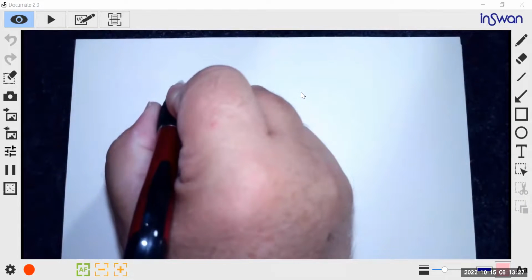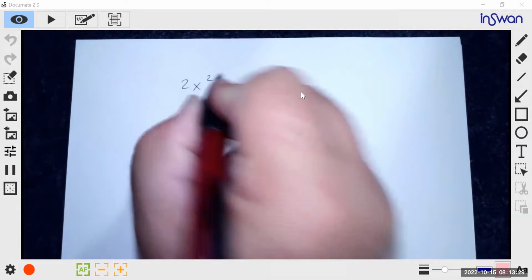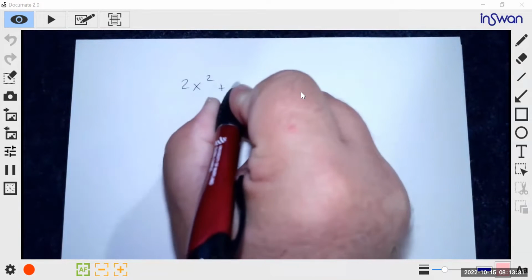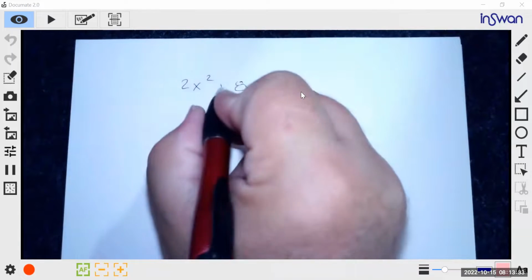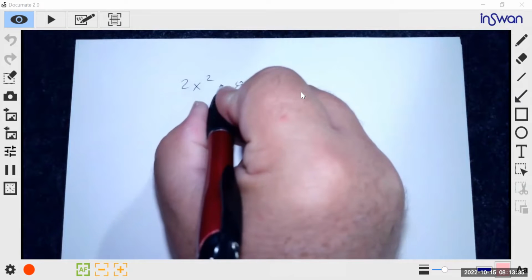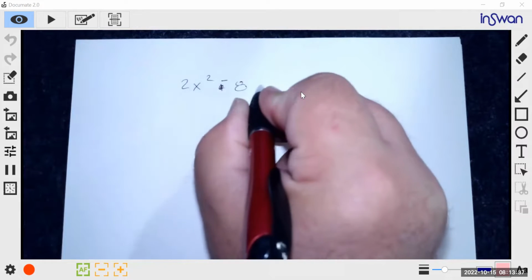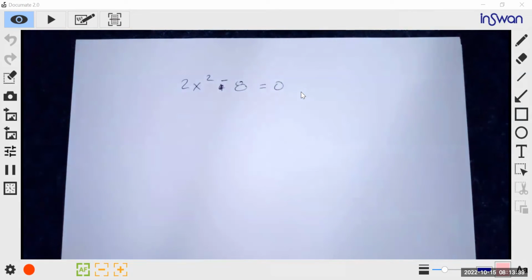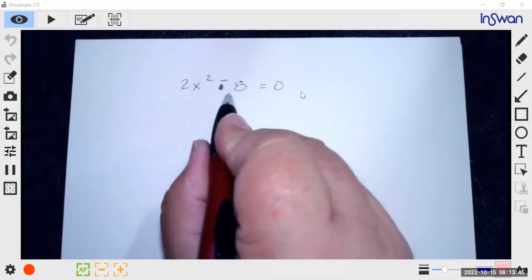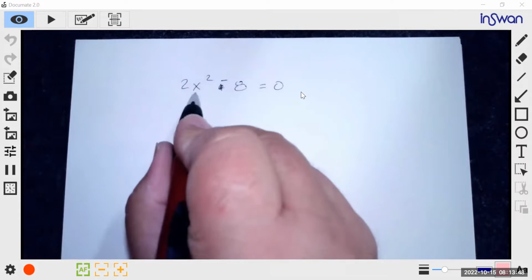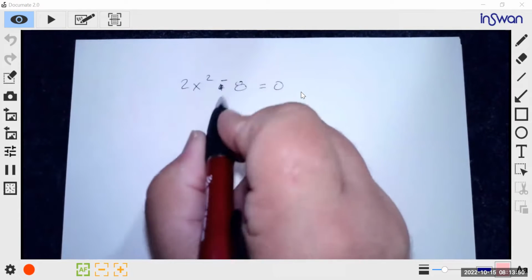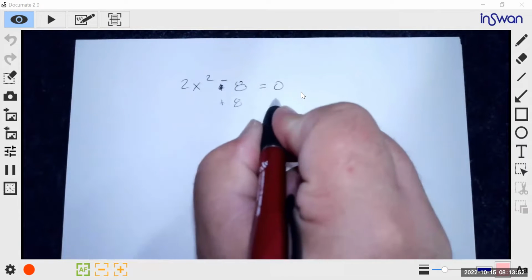An example of the second form. 2x squared minus 8 equals 0. We have to get rid of anything added or subtracted to the x squared. So we have to add 8 to both sides.